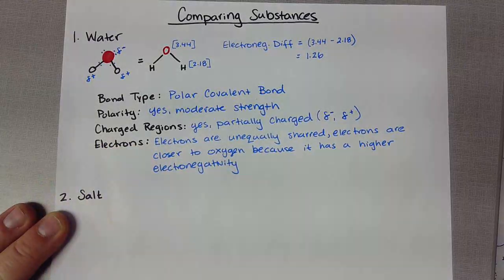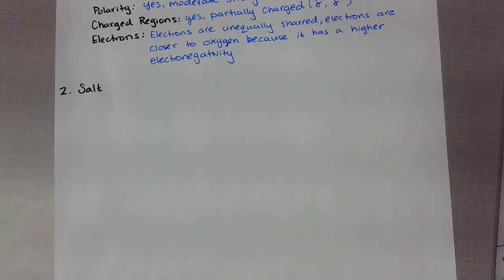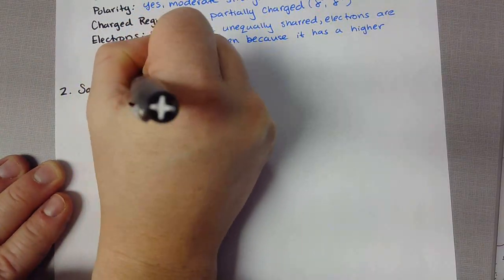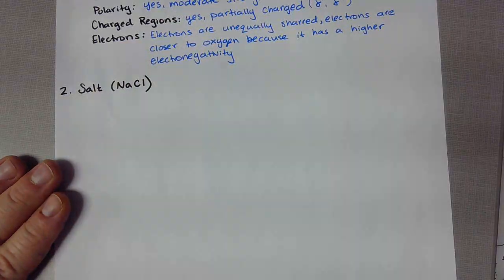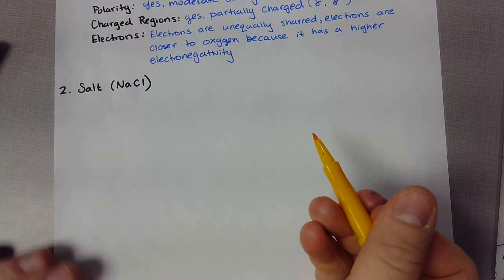Salt is a general term in chemistry, but usually we refer to salt meaning table salt, which is going to be the substance sodium chloride, NaCl, which is the salt that you're going to be using in your lab. So sodium chloride, I'm going to pick some colors again. Sodium is going to be represented by the color yellow.